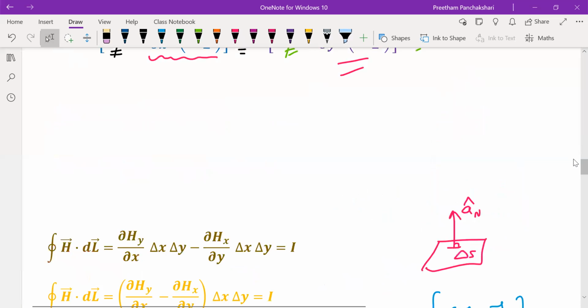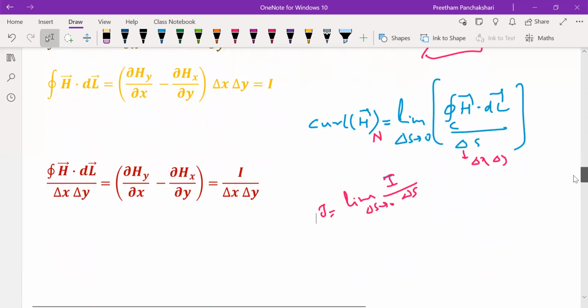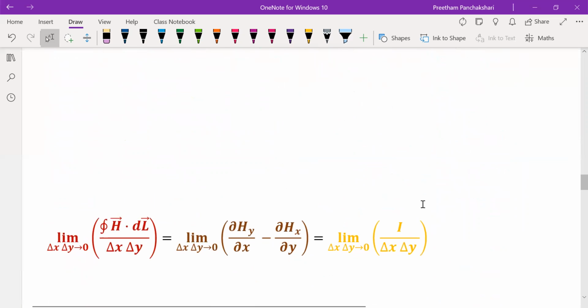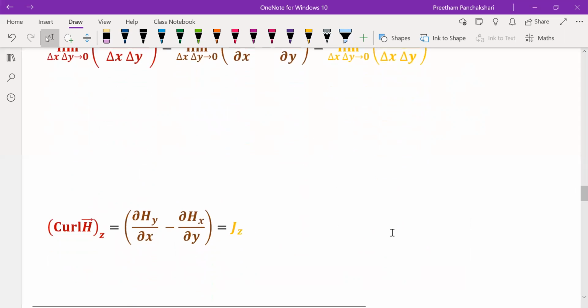If I proceed in that regard, I'm applying the limit, delta x delta y tending to 0. So the first term becomes the curl, and the last becomes the current density J. The middle term is independent of the area, so no change happens in the middle term. So we have an equation now: curl H having only the z component.